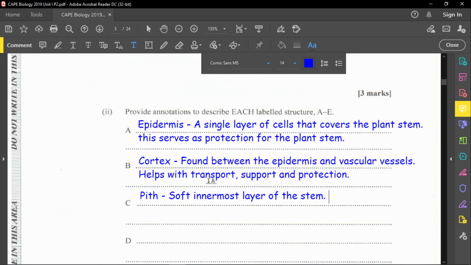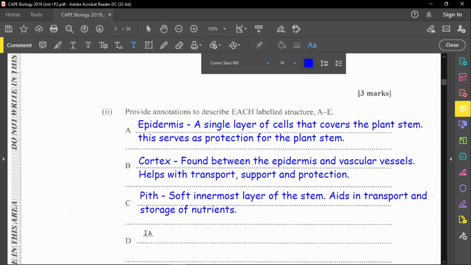But what is it important for? It's very important in terms of transport. Someone says it aids in transport and storage of nutrients or minerals, right? So that's very important right there. So the importance is storage and transport of nutrients.